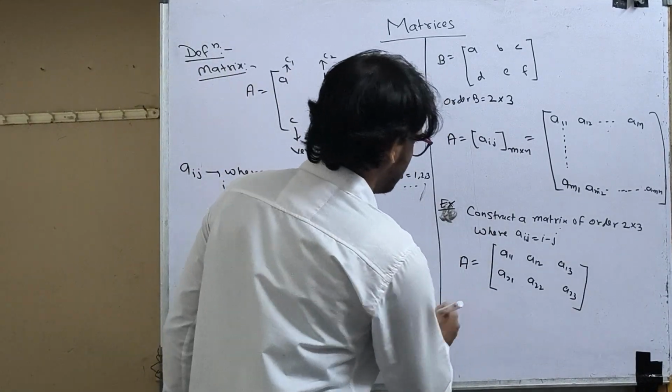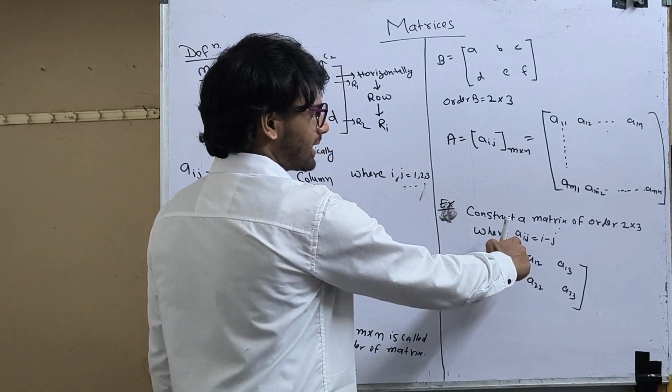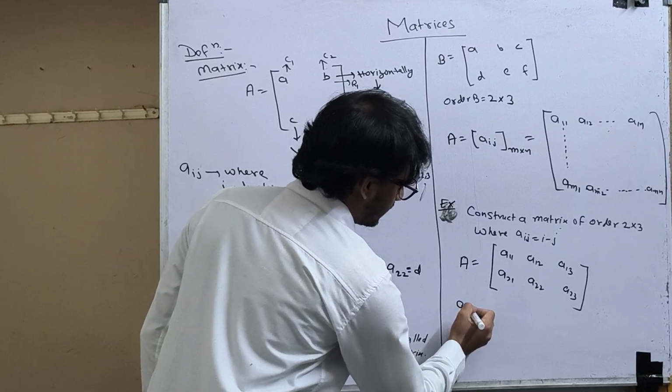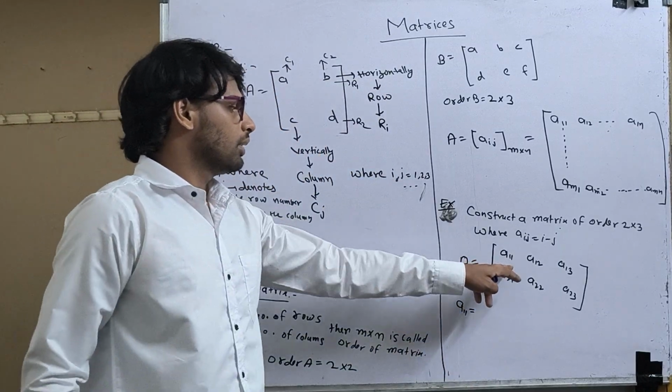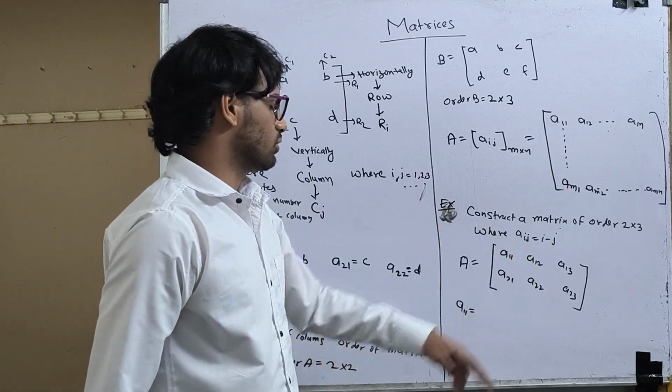Now the element aij is equal to i minus j. For the first element, first row and first column, i is equal to 1 and j is also 1.